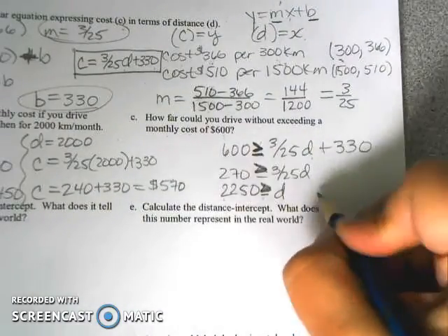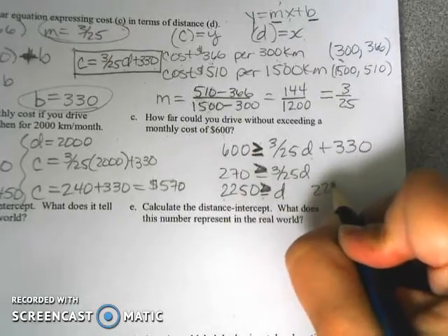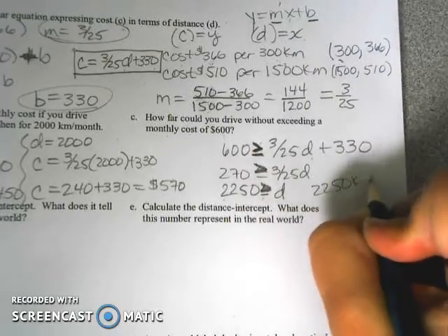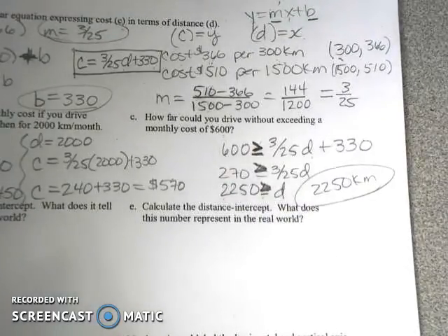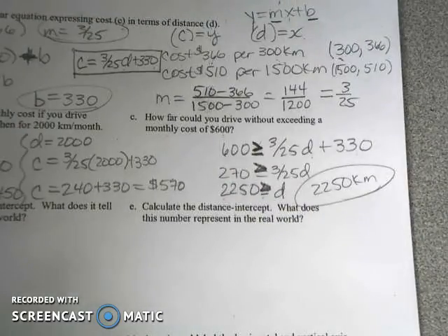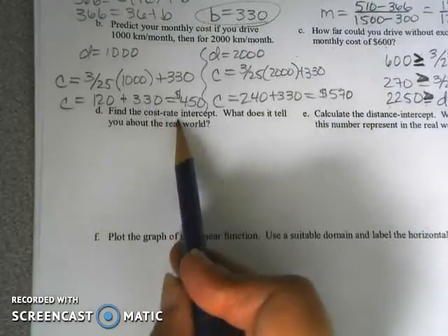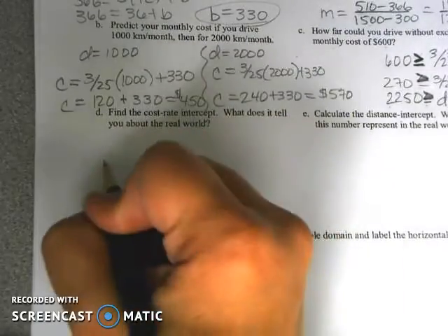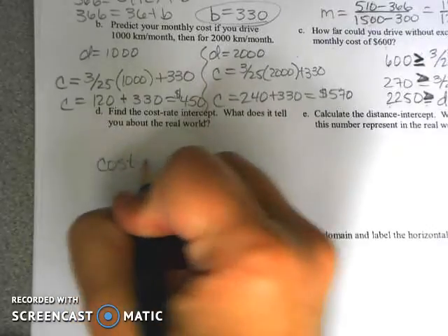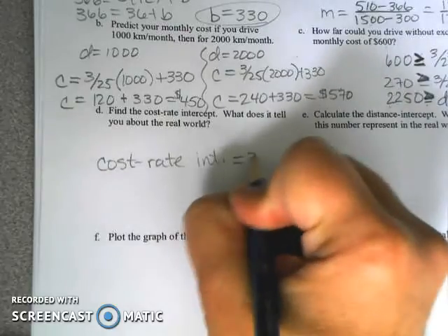So I have to stay either less than or equal to 2,250 kilometers. I cannot drive any more than that if I want to stay within a budget of $600. In this next part of the question, it's asking for the cost rate intercept. That's like the y-intercept, and so the cost rate intercept is equal to 330.